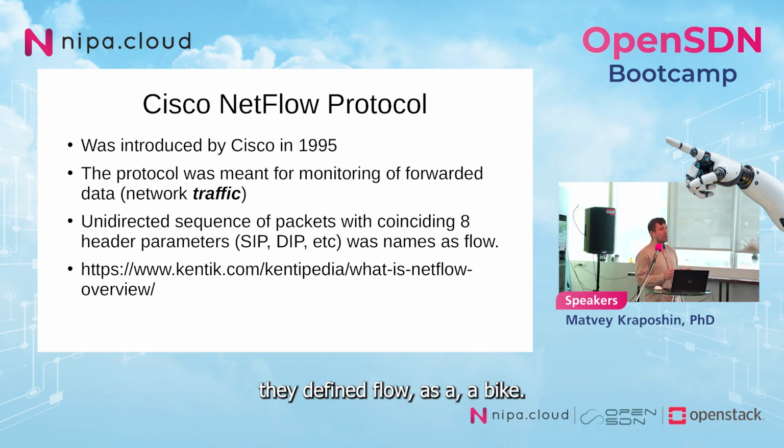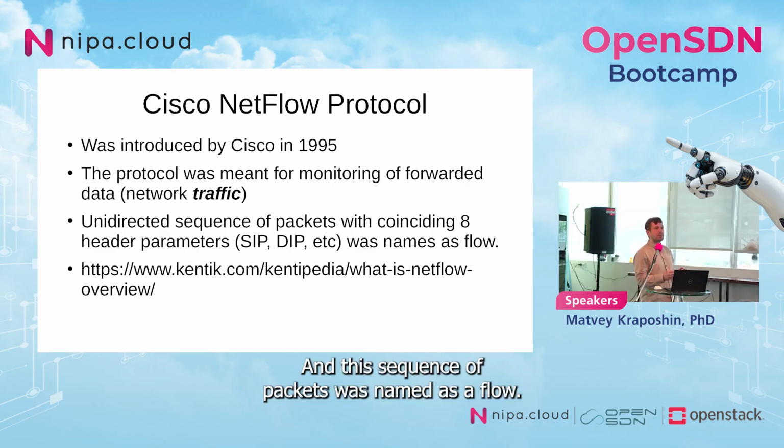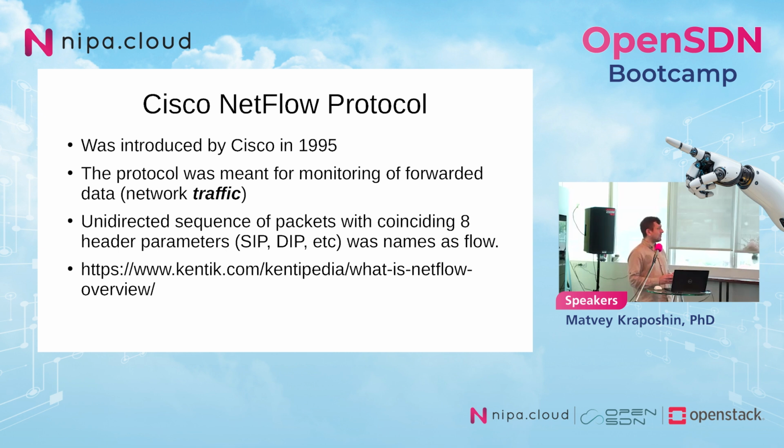They defined flow as packets having the same 8 parameters, like source IP, destination IP, and 6 others. And this sequence of packets was named as a flow. And you can see an overview of NetFlow capabilities if you follow this link.